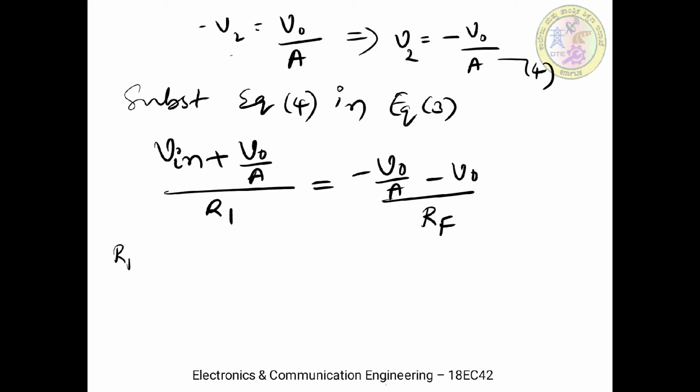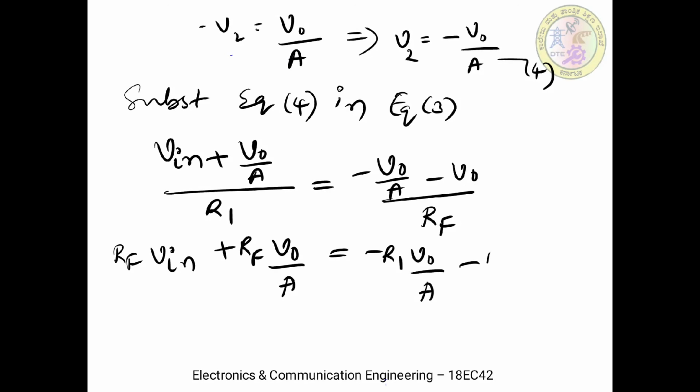In order to simplify, we will cross multiply: RF into V in plus RF into V0 by A equal to minus R1 V0 by A minus R1 into V0.